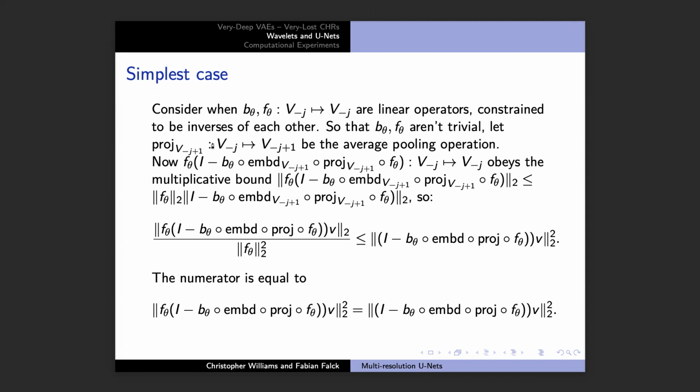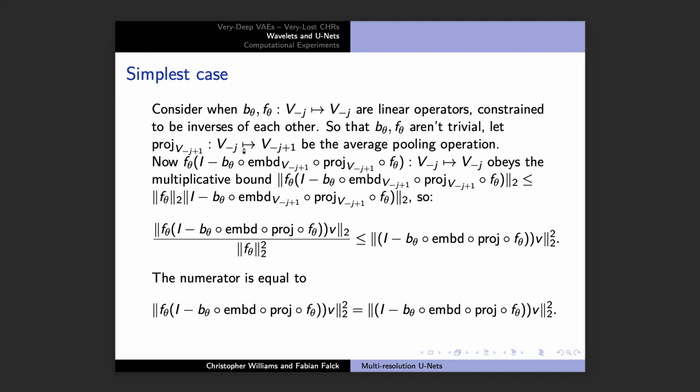But if I introduce this projection down, so think of data in j dimensions, now I'm saying I need to forget some amount of it. Then I can do this procedure. I apply my forward process, apply my projection, embed it back to Vj, so I can apply backwards.